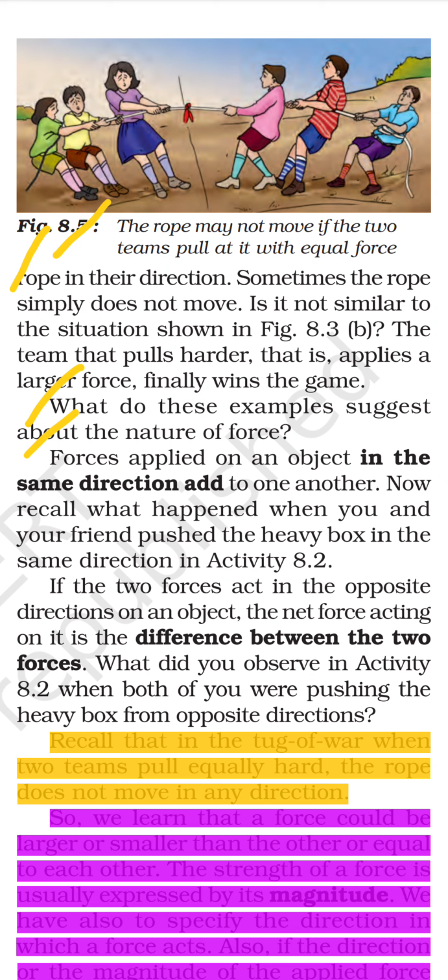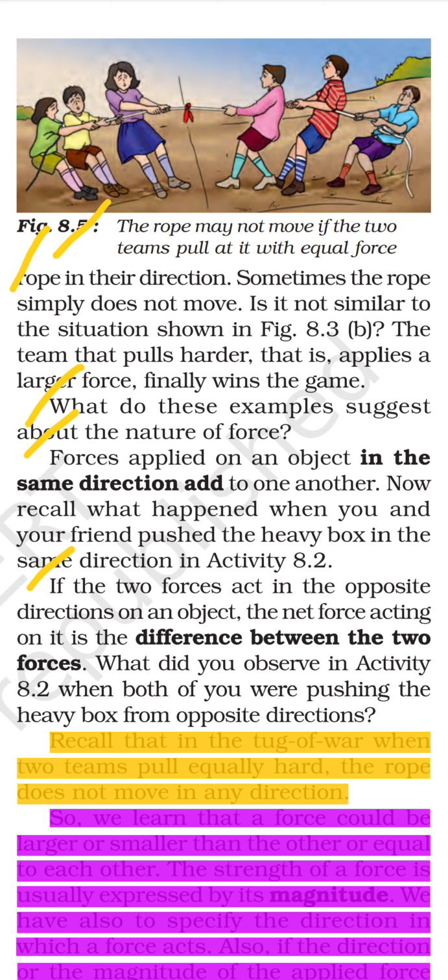Now, recall what happened when you and your friend pushed the heavy box in the same direction in Activity 8.2. If the two forces act in the opposite direction on an object, the net force acting on it is the difference between the two forces.